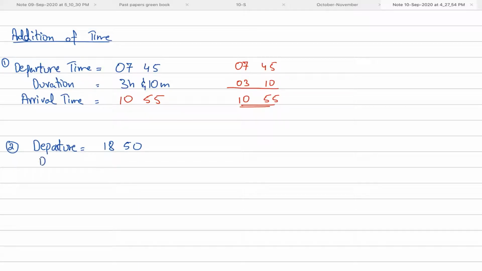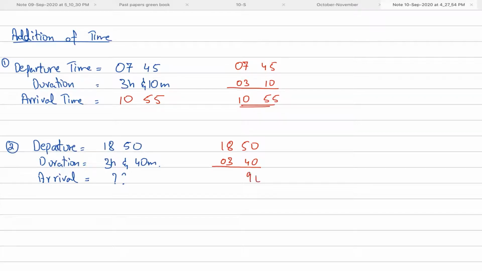Let's say that the duration of the flight is given to you as 3 hours and 40 minutes. So theoretically it's the same as example 1, and you have to figure out the arrival time, and you can do that by again taking the departure time and adding the duration of the flight. So 18:50, and in it I'm going to add 3:40. Let's put a 0 here just to be safe.